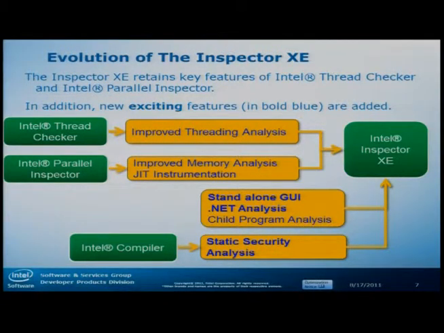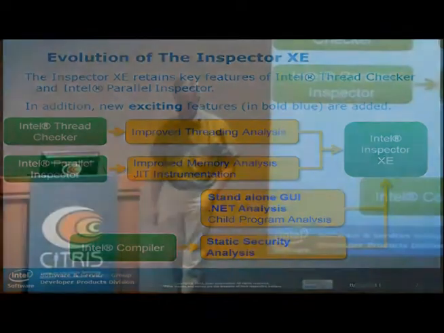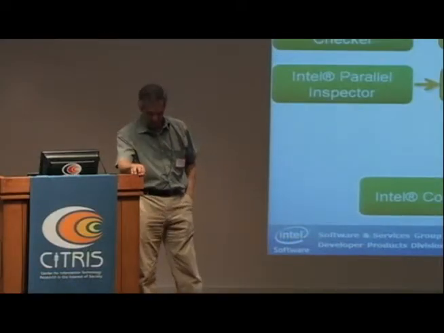Okay, so we've had a set of tools in the past. The thread checker was one of them. This is a tool that I think came from one of our corporate acquisitions. You may be familiar with Cook & Associates in Champaign-Urbana. I think this technology came from them. But in any event, this is a tool that we've had. Again, it was a standalone tool, and it didn't exactly support all operating systems in a similar manner.